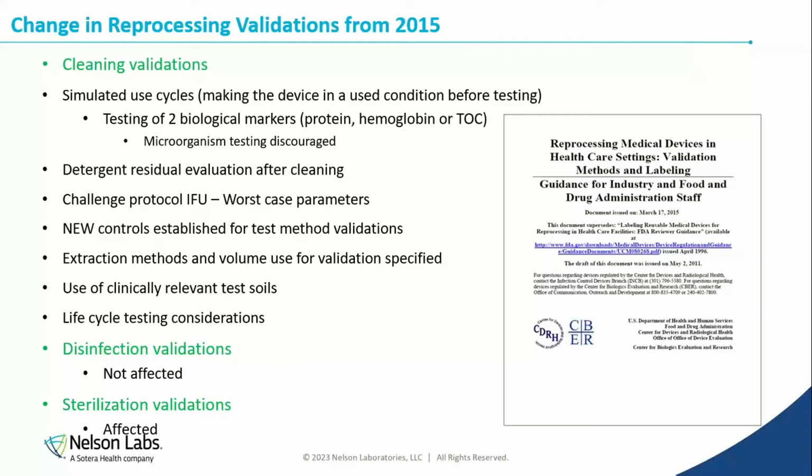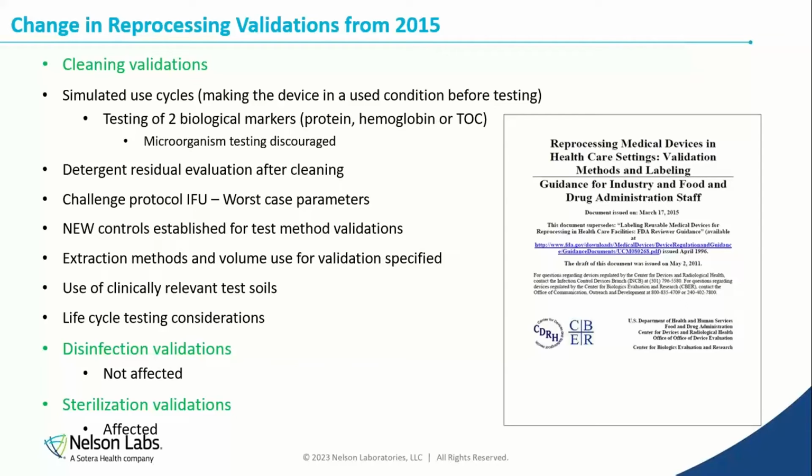New controls were established for the first time. What these controls mean, we needed controls for everything. And the controls that AAMI TIR 12 or AAMI TIR 30 2011 specified were not compliant to what the new 2015 were saying. So those controls needed to be placed as well.